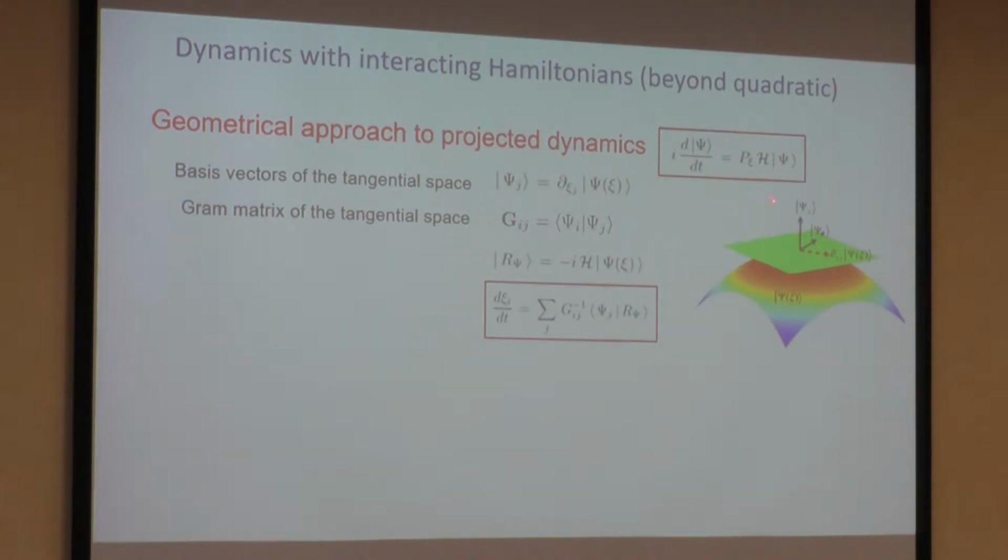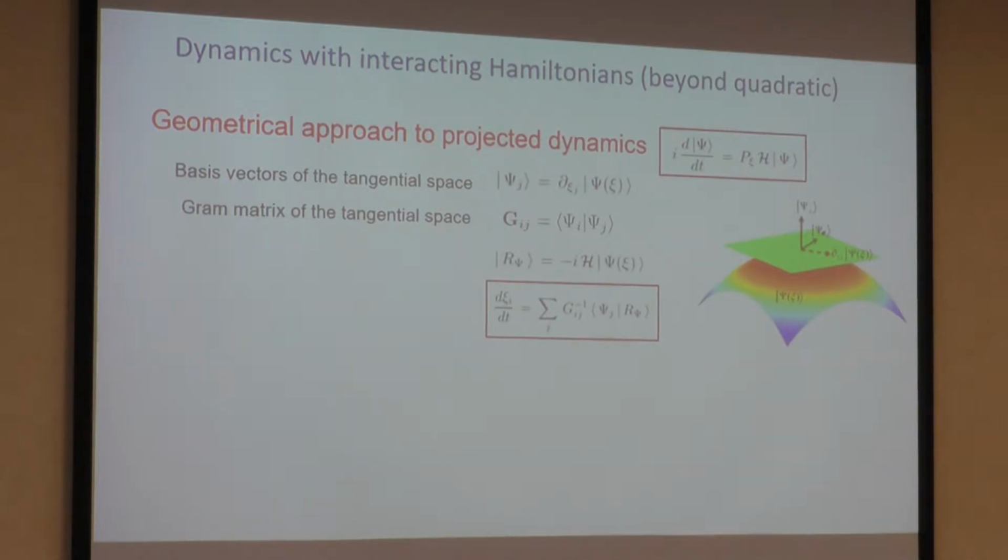But generally, if we think about the evolution of my wave function, a change in the wave function described by H times psi will take me outside of the variational space. What we want to do is take this small variation of the wave function and project it back onto the variational manifold. The way it's done is by defining a tangential plane. I'm saying, okay, this is my instantaneous state, and then I can define basis vectors in this tangential plane.